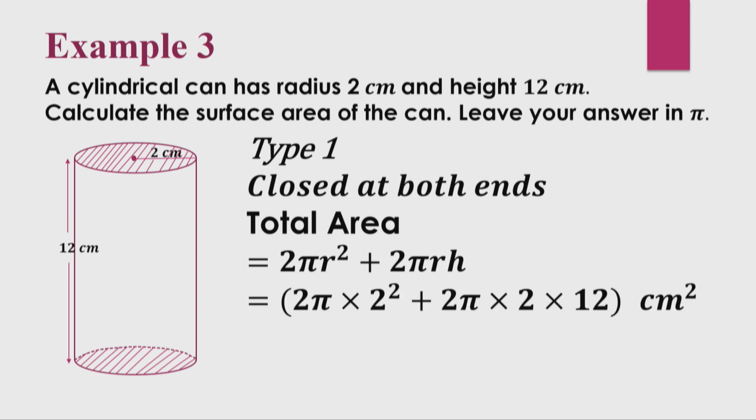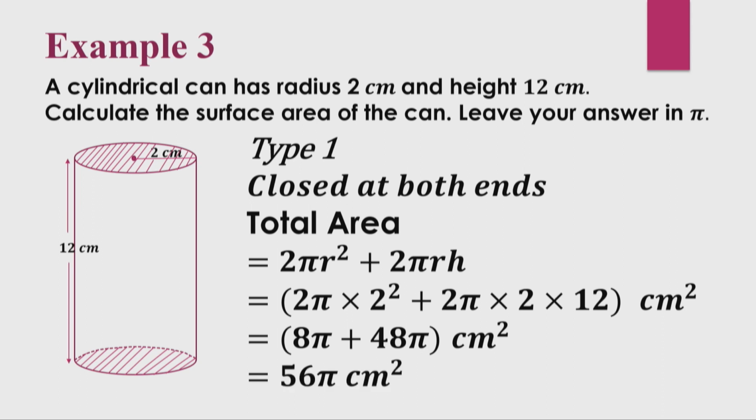Substituting the values, we get 2 pi multiplied by 2 to the square plus 2 pi multiplied by 2 multiplied by 12 centimeters square. Evaluating this, we get 8 pi plus 48 pi, which is equal to 56 pi centimeters square.